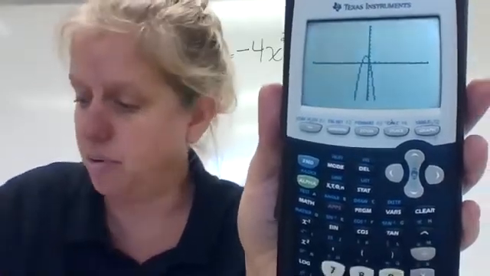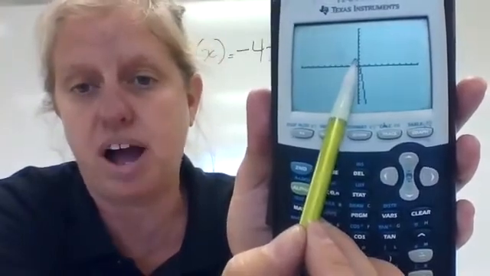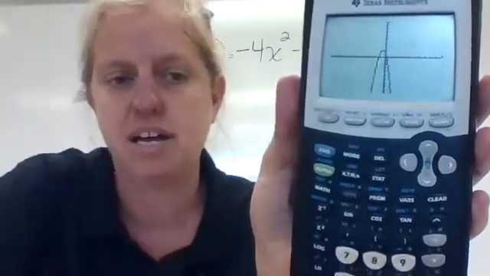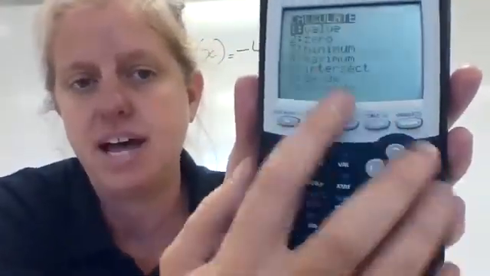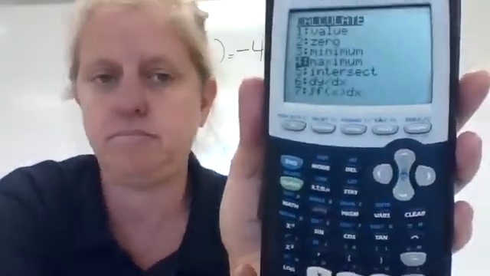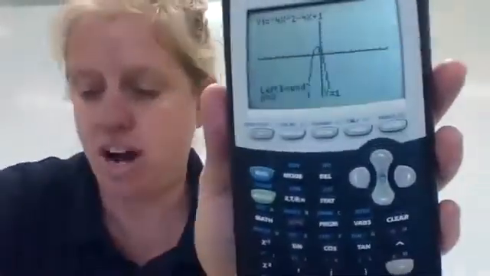So this time, when we're finding the vertex, we're finding the top of the parabola, right? Which means we need to find its maximum this time. So I'm going to hit second calc. And this time I'm going down to maximum. So let's see, it wants to know where my cursor is.